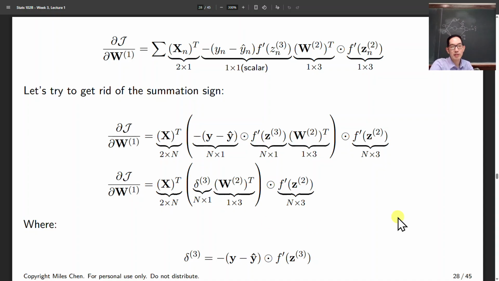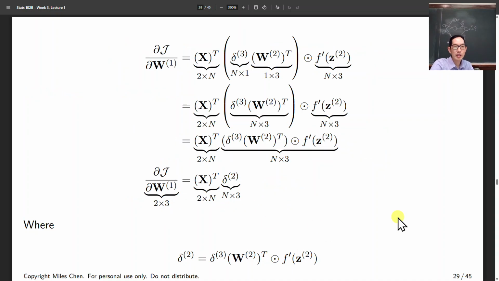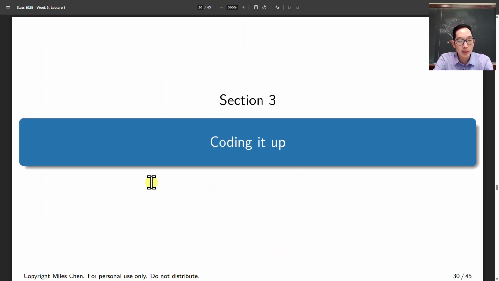Okay. So we'll go ahead and punch this into the computer. Okay, so I've got this result is 2 by 3, and that's what we want. Okay, so coding it up.